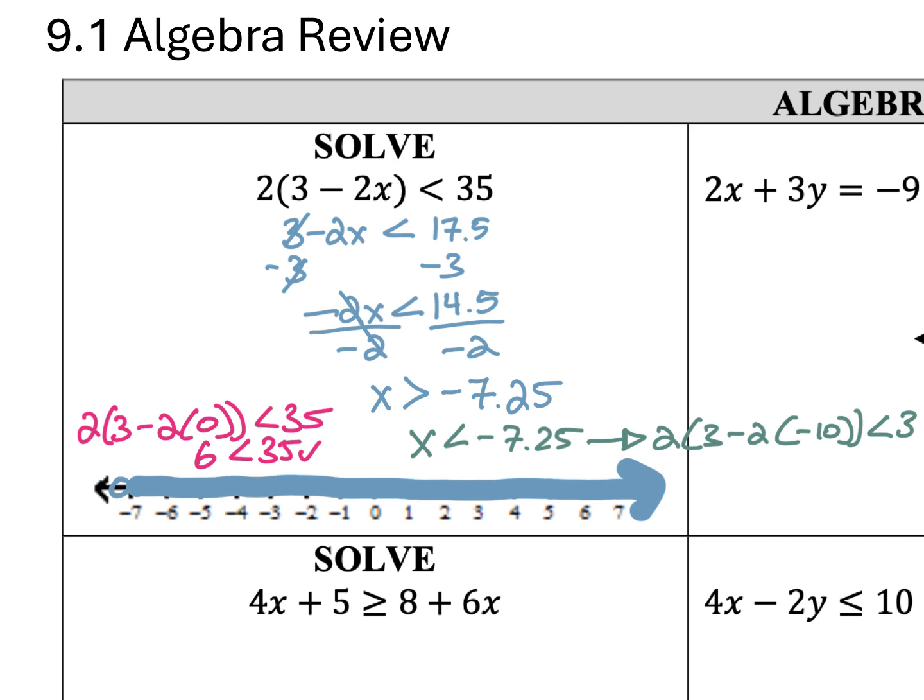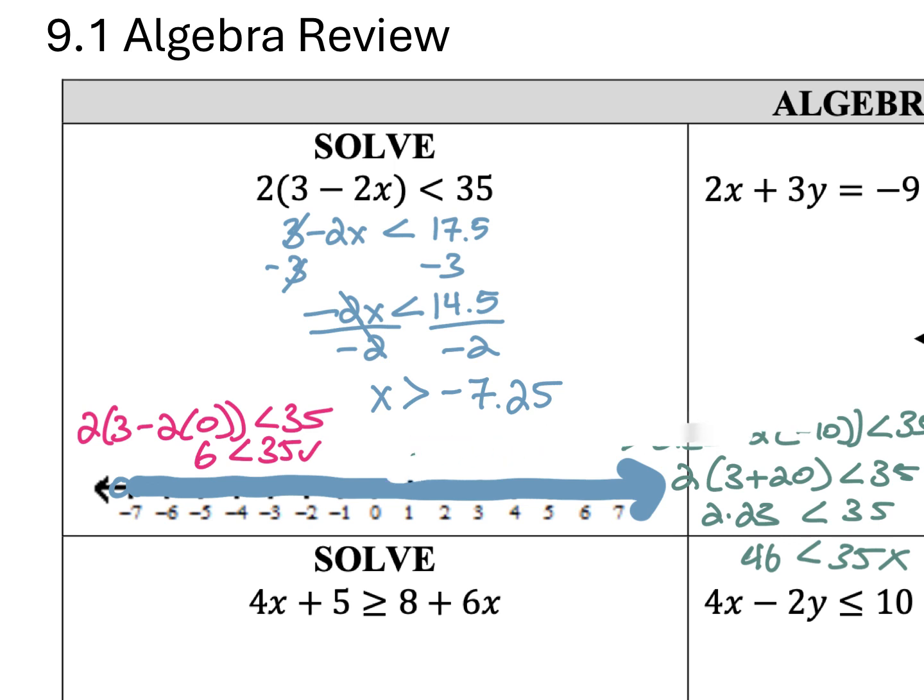A negative times a negative is a positive 20. It's less than 35. Now I have 2 times 23 is less than 35, and 2 times 23 is 46. You can see that this is not true, right? That's because this would be an incorrect answer if I did not flip my sign. So I'm going to erase all that so you just have the right stuff on there.